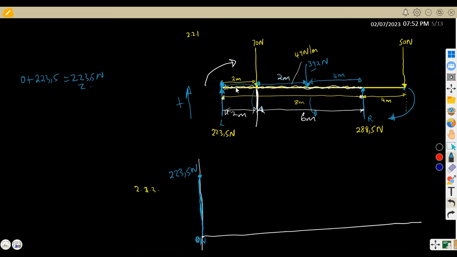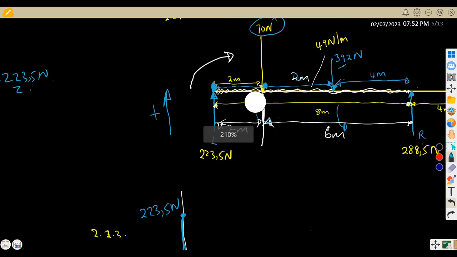Then checking here between L and the 70 Newton, there is a distributed load. Whenever you are dealing with a distributed load, on the shear force diagram it is going to be slanting like this, going down. So what are we going to do? It's a distributed load that is affected for 2 meters, at 49 Newton per meter.